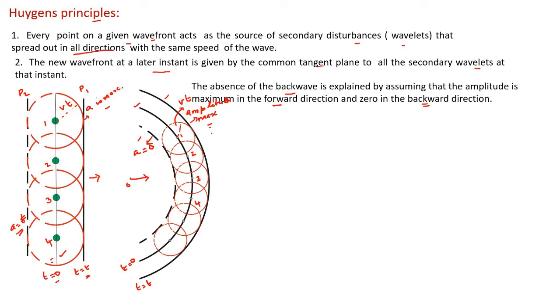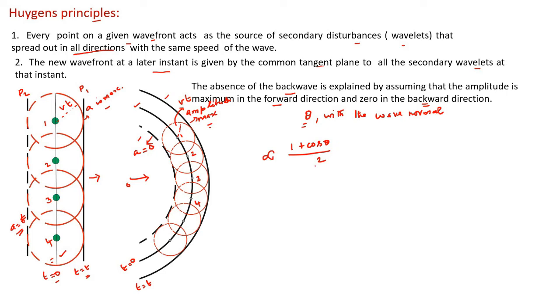Now, why only the forward envelope? For that, the contribution of a wavelet in any direction making an angle theta with the wave normal is proportional to (1 + cos theta)/2.